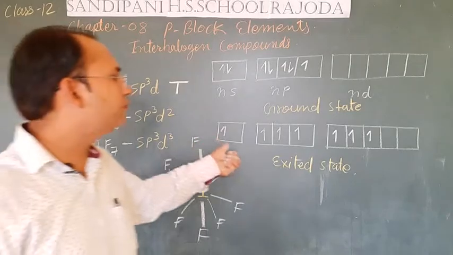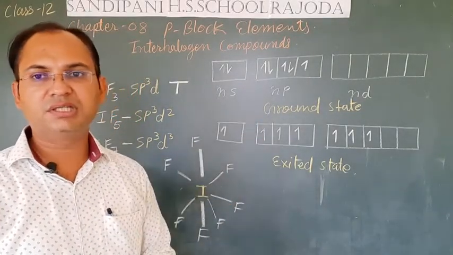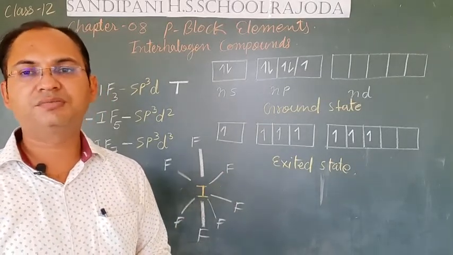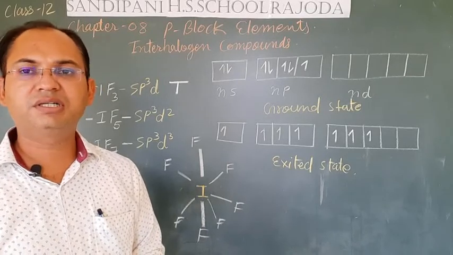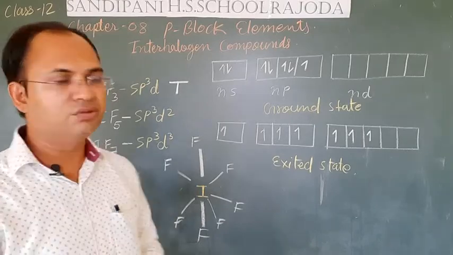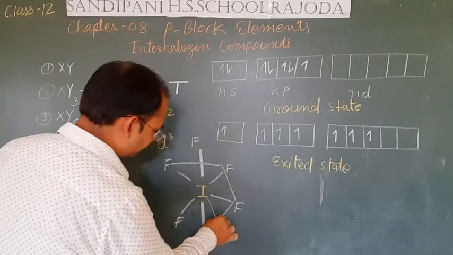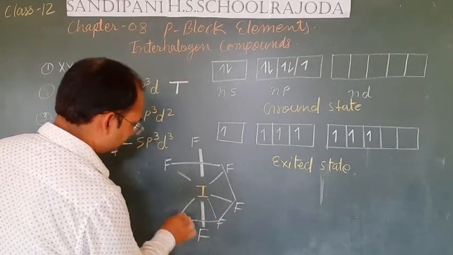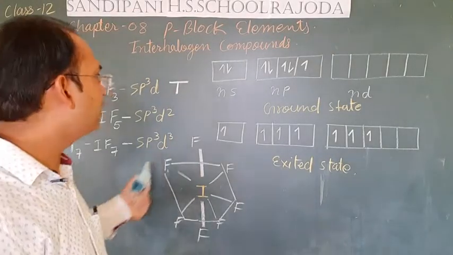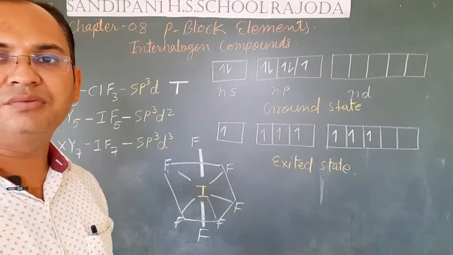There is no lone pair present because all the electrons in the outermost shell are taking part in the bond formation. So there is no lone pair of electrons that is not taking part in bond formation. So students, this is the pentagonal bipyramidal structure.